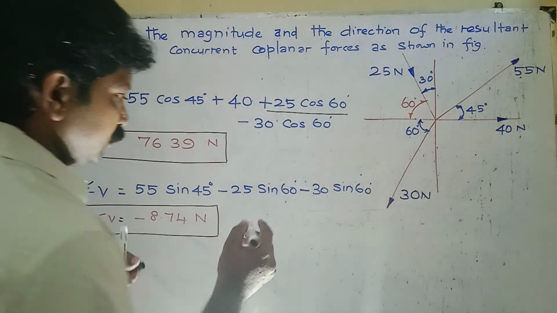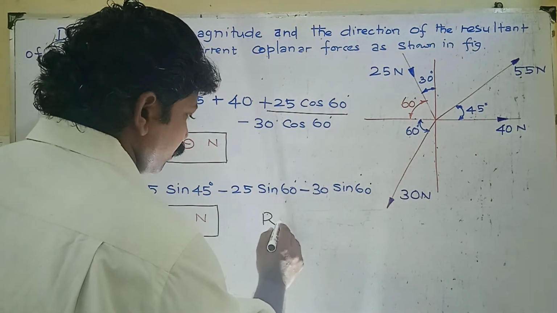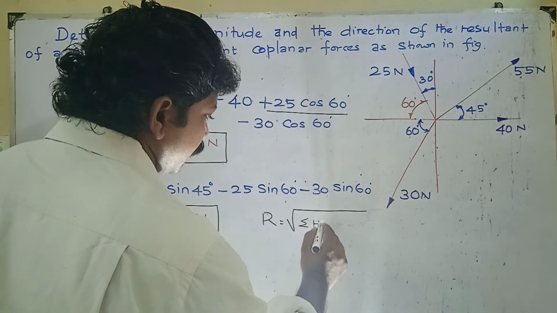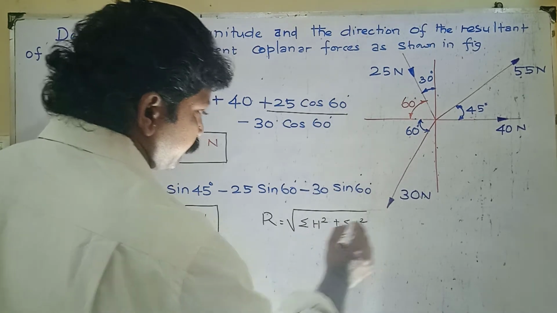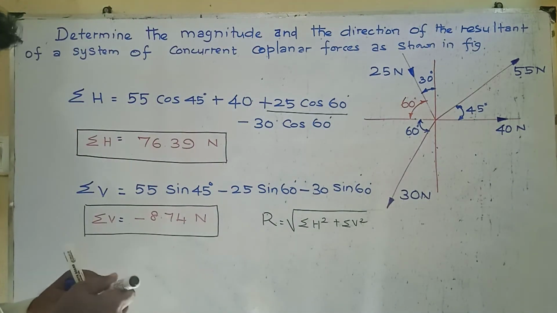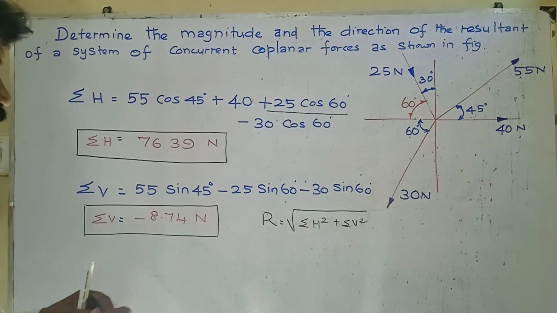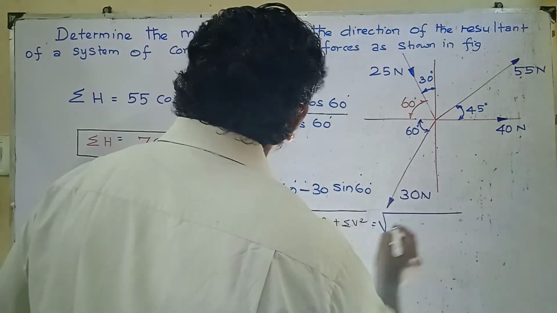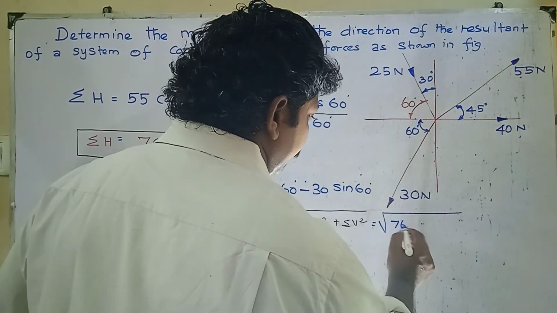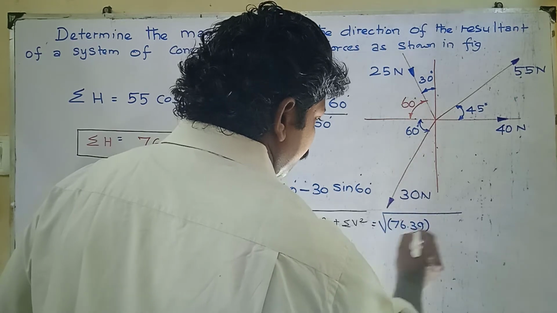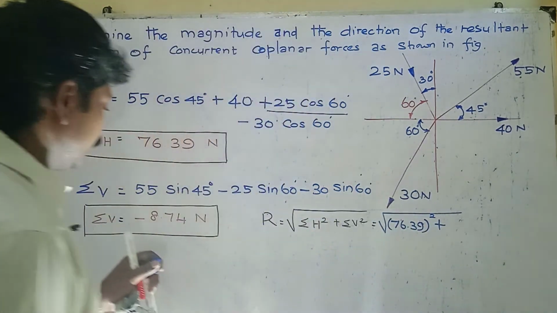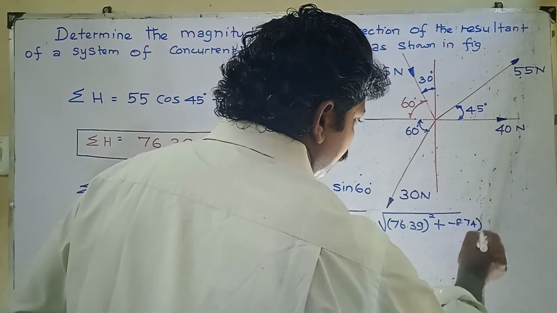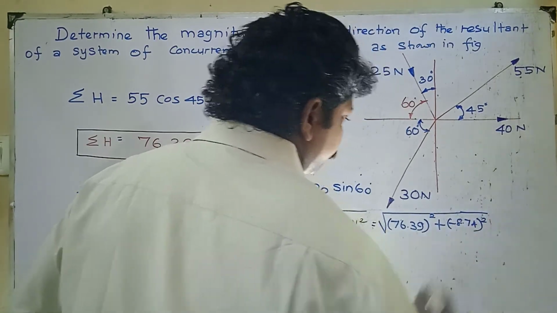Now how to find the resultant? R equal to root of sigma H square plus sigma V square. So sigma H value is 76.39, the whole square, plus sigma V value minus 8.74, the whole square.